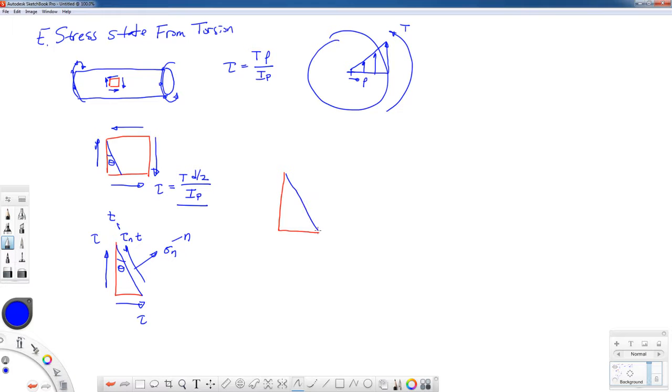There's my blue line again. This is the angle theta from the picture. And in 3D it looks like this. I'll just dash in these hidden lines back here.